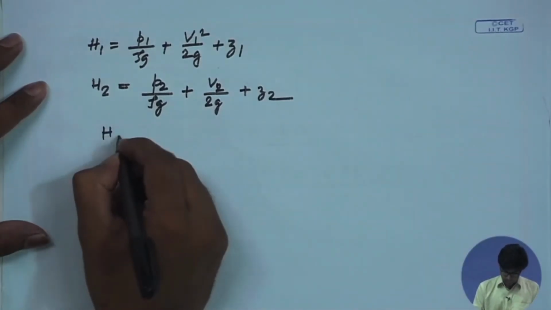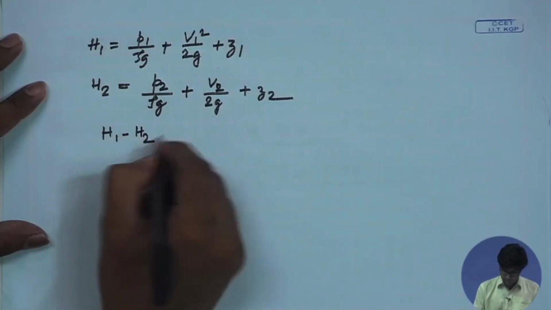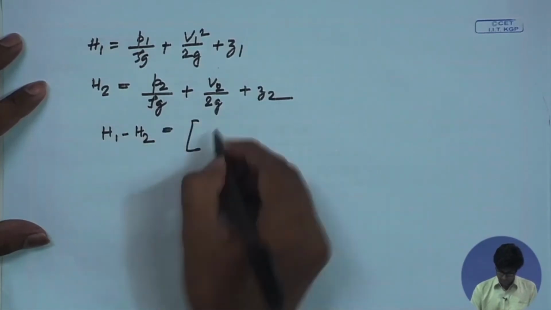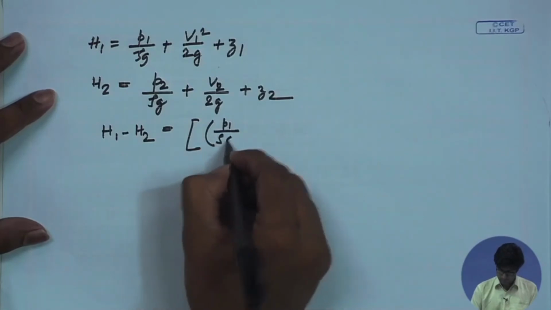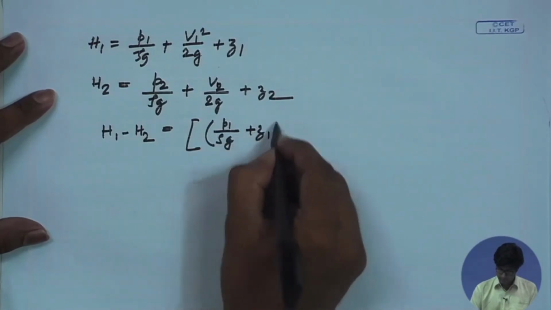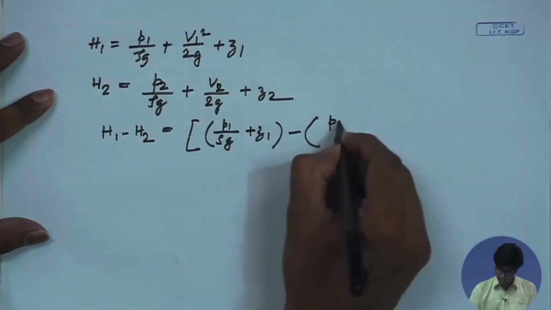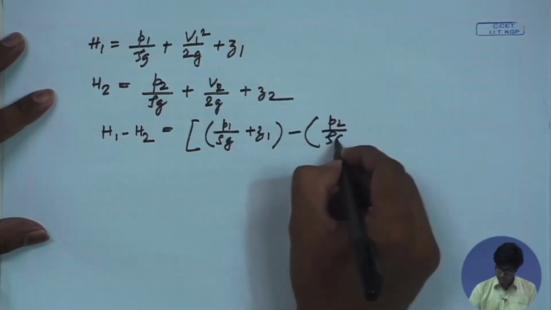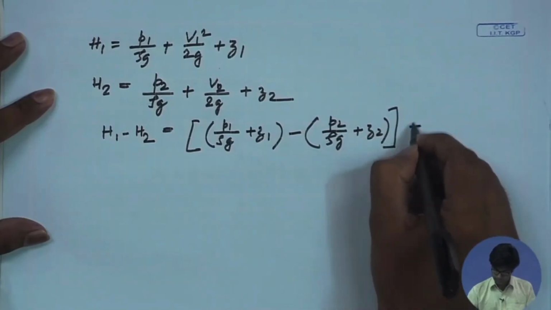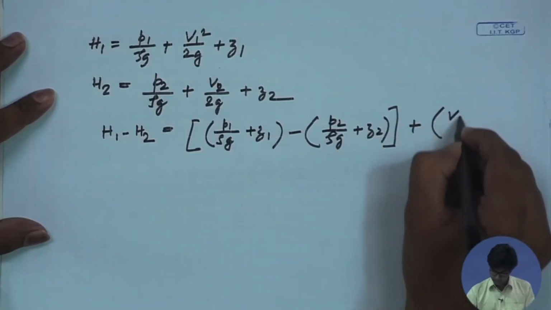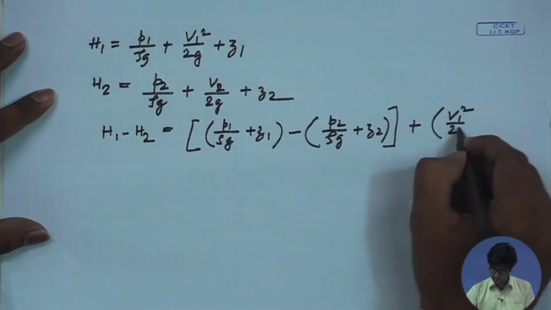So, H1 minus H2 we can write as P1 by rho g plus Z1 minus P2 by rho g plus Z2 plus V1 square minus V2 square by 2g, that is the difference in the velocity head.